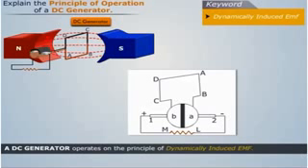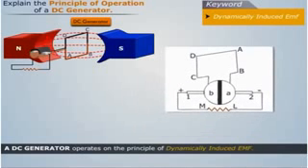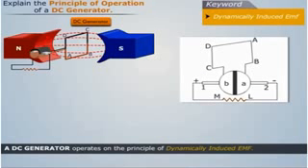And brush 2 comes in contact with segment A, which now acts as the negative supply. Thus, we see that the direction of current in the load resistance still remains to be from M to L.